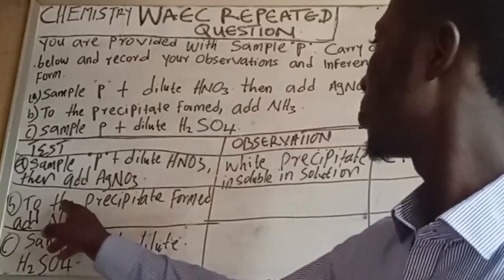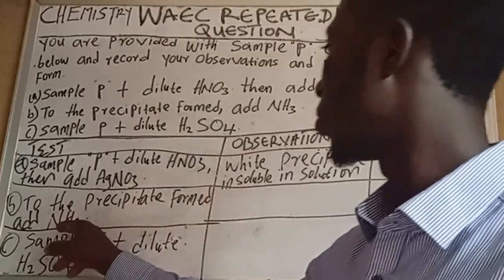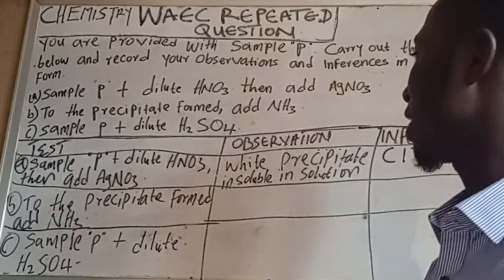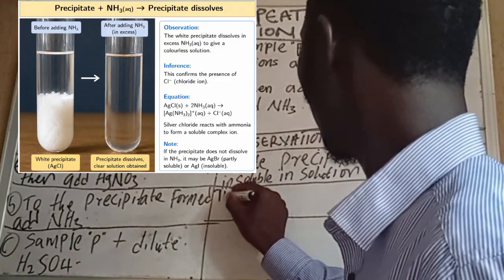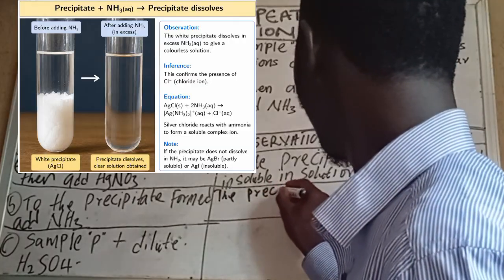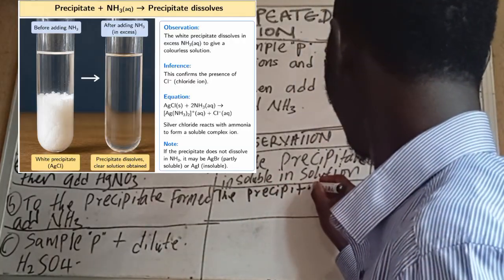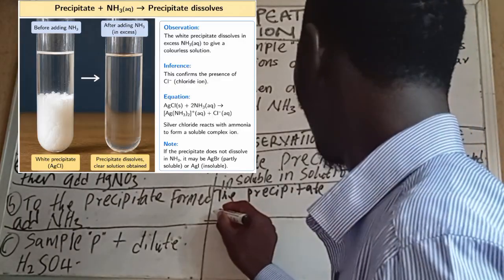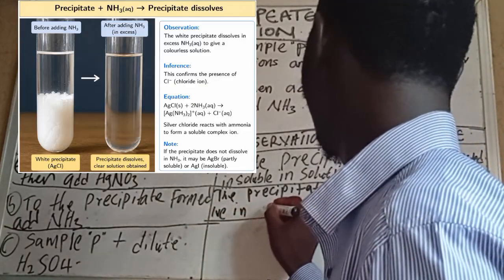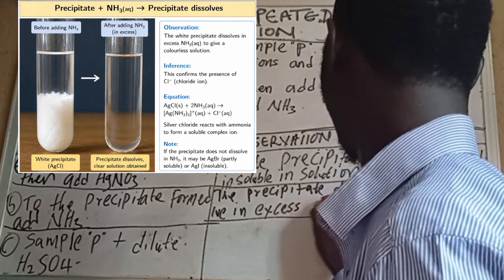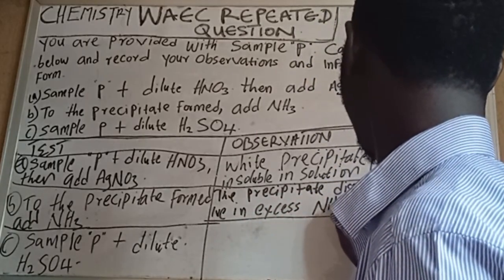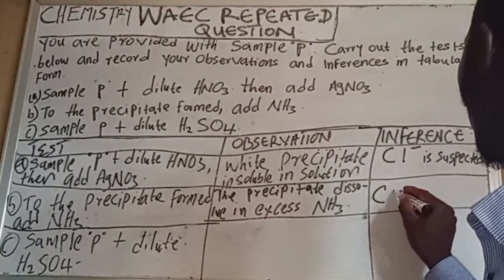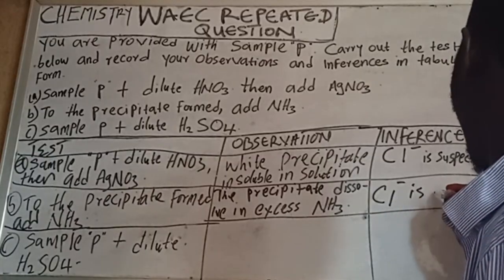The question says to the precipitate formed, add ammonia. Let's look at our test observation: the precipitate dissolves in excess ammonia. Since the precipitate dissolves, it means Cl⁻ is confirmed.